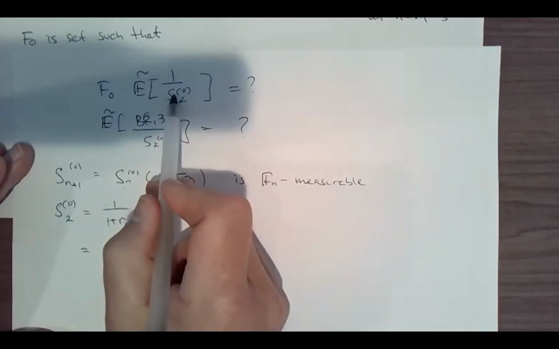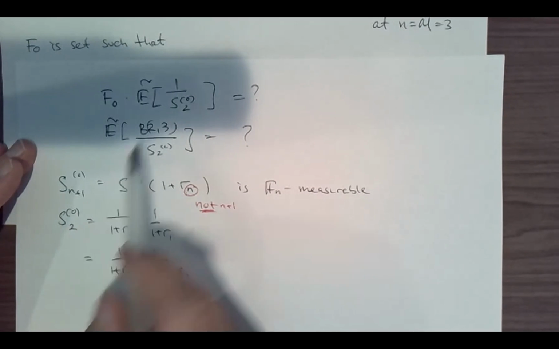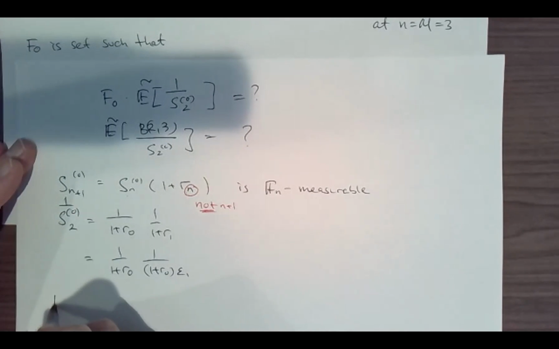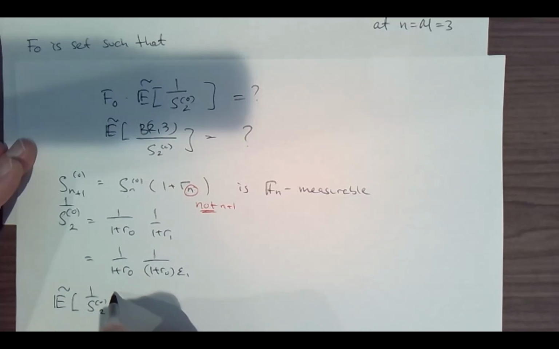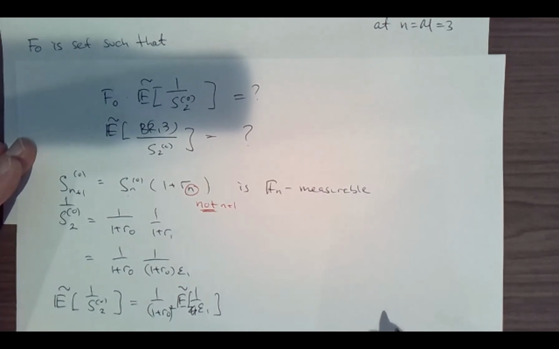And so if I want to take the expectation of this ratio, I'll get 1 over 1 plus R0 squared times the expectation of 1 over epsilon 1.